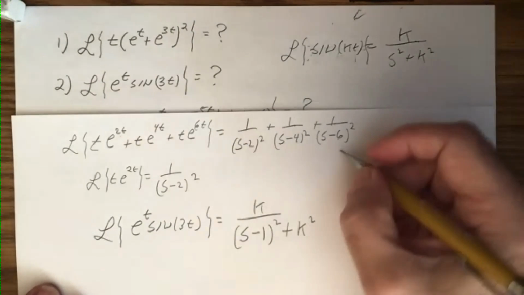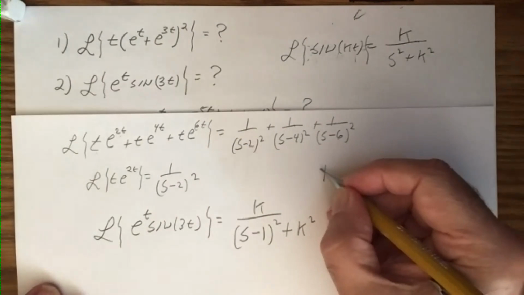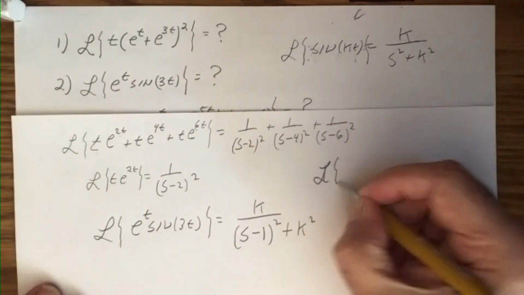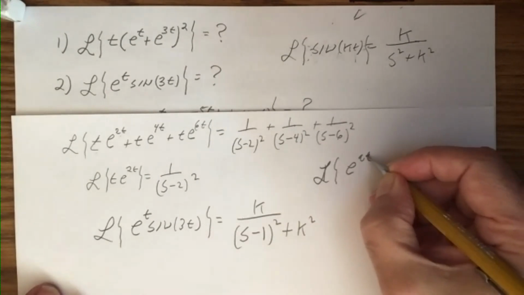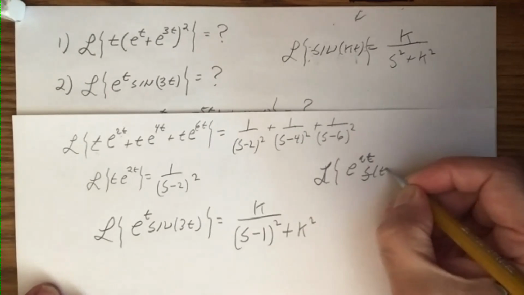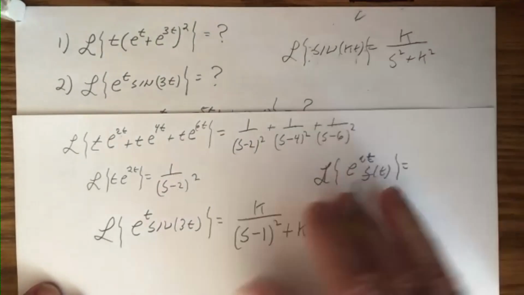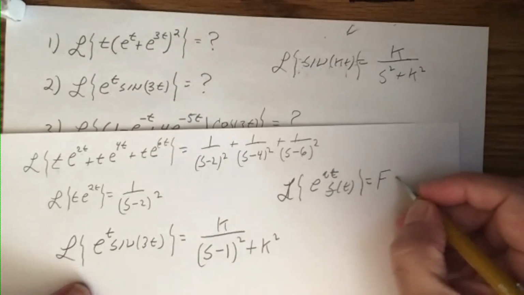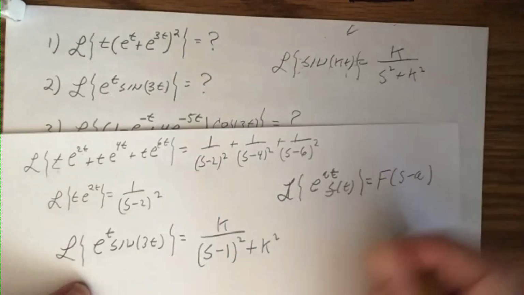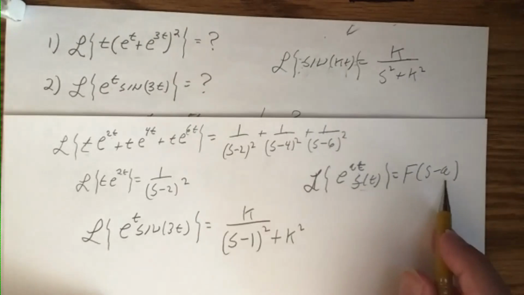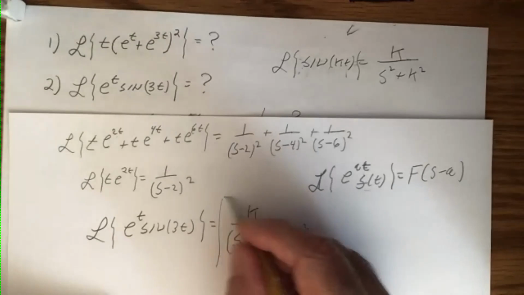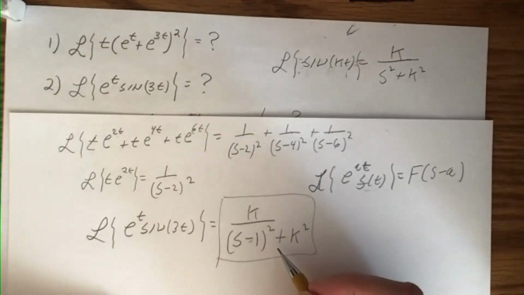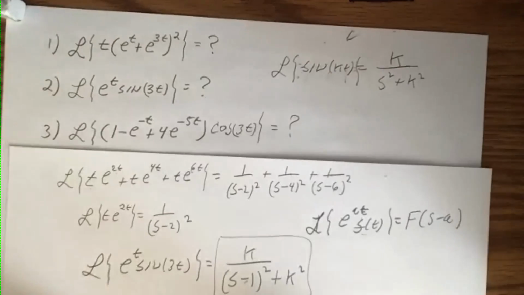Because remember, we're using the fact that the Laplace transform of e to the at times a function, whatever this function is here, I have to shift it by a. So I have to shift this by 1 here. Okay, so that's the Laplace transform of the second problem.